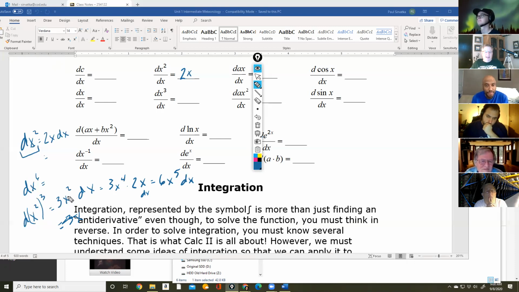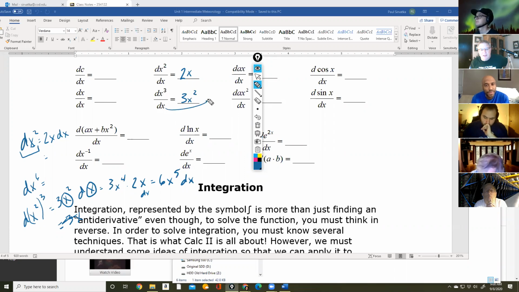Anytime I'm saying whatever, and I know we use the letter x a lot, so I say whatever is in the circle, I'm taking the derivative of what's in the circle. That's the way that you need to think about it. So dx to the 3rd would be 3x squared.